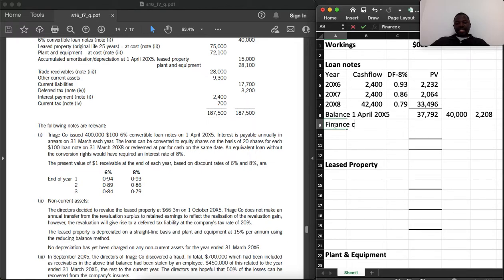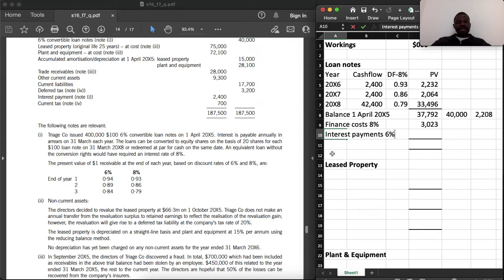I said the finance cost will use 8%. So I will say my opening balance multiplied by 8%, like that. I get my finance cost, then I will subtract from that interest payments.